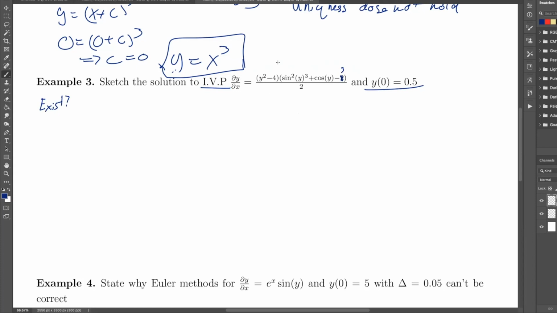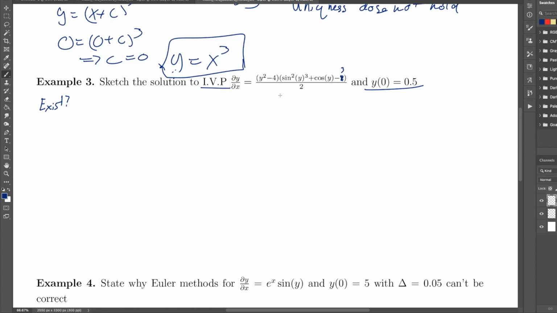Are there any values of y or x that make that discontinuous? y can't be 2. Does y being 2 make it continuous? Yeah, so y can't be 2. Well, at y of 2, this equals 0, right?